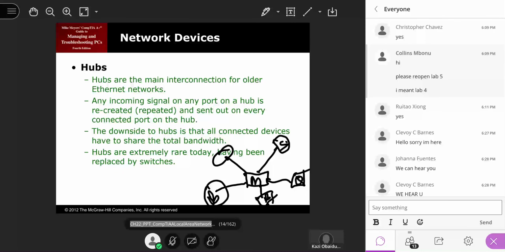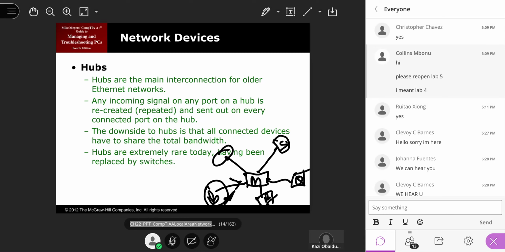So if I send a document to you all, students at different locations, the hub receives it and checks that the signal is okay. If not okay, it fixes it and sends it to the other devices.